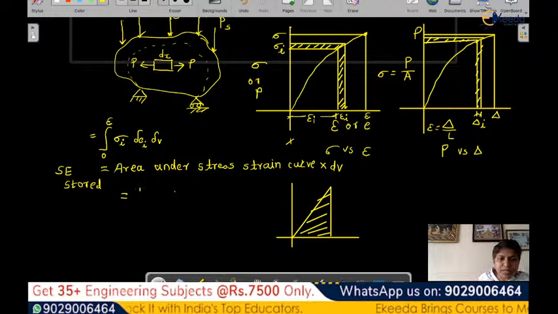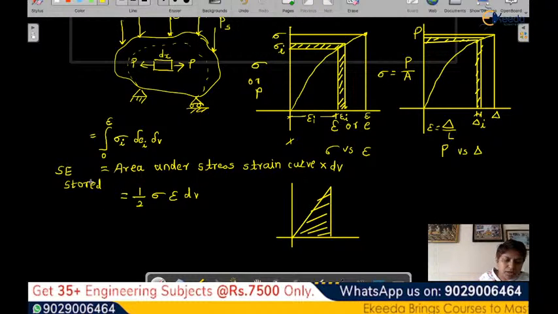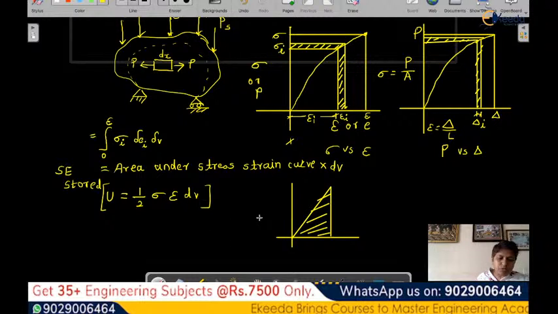So we can write it as half into stress into strain into volume. So the same equation, strain energy, we can show like this. I don't want to go much into the depth of this theory, because it's already covered, but I just wanted you to understand the basics of it.